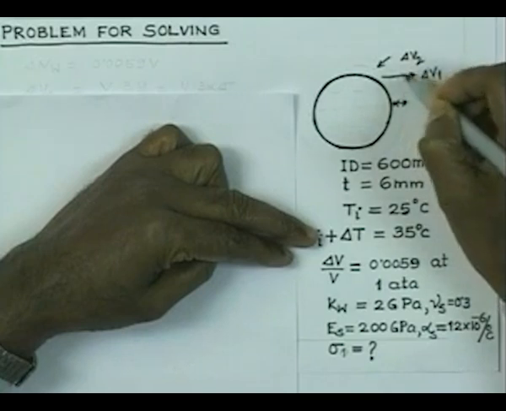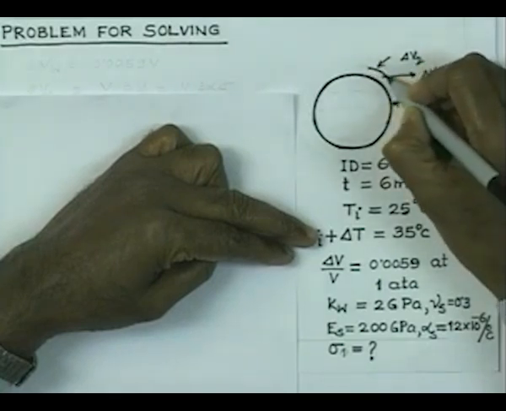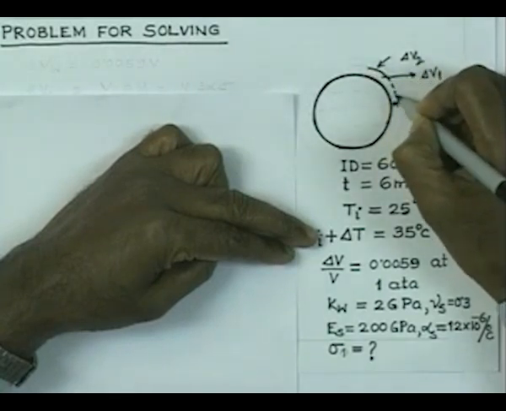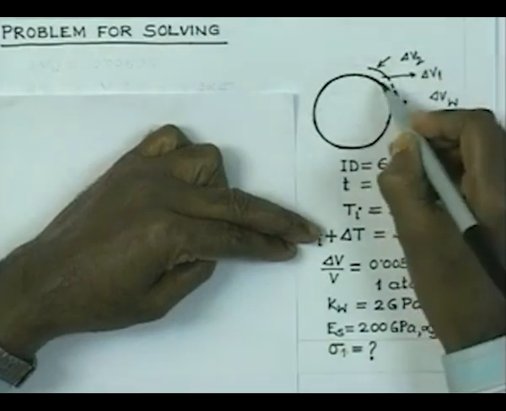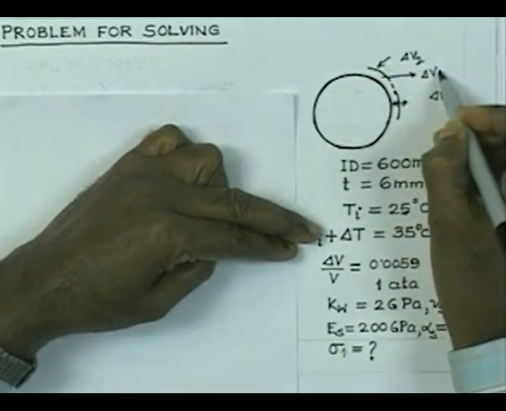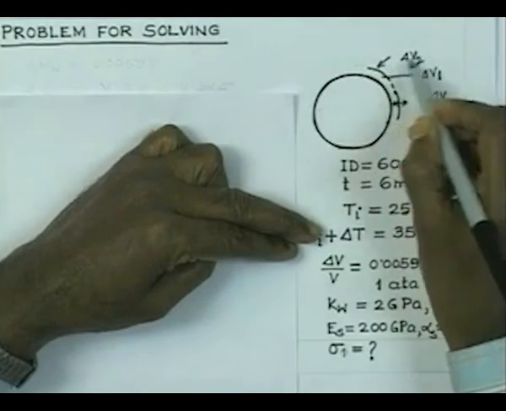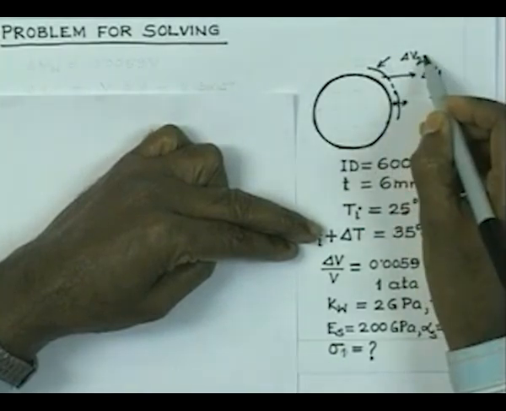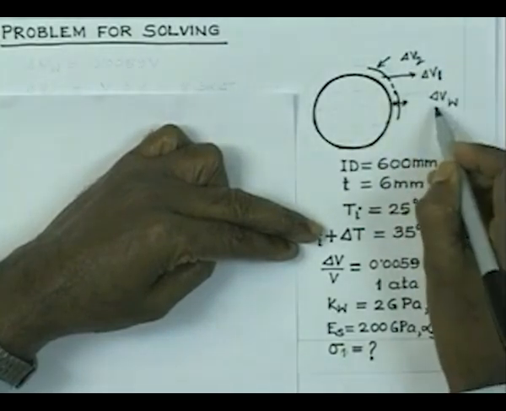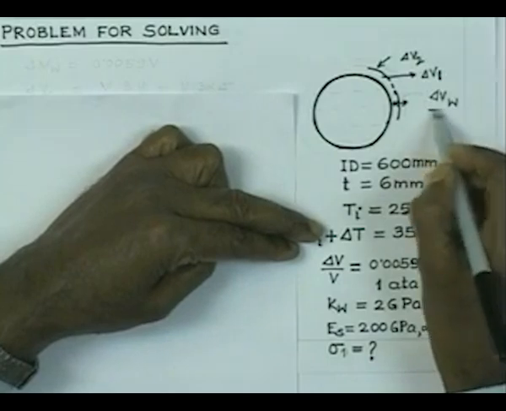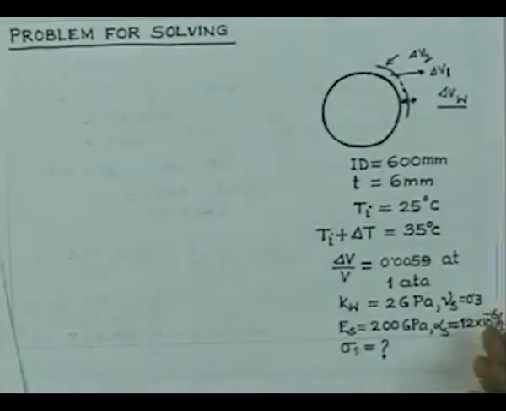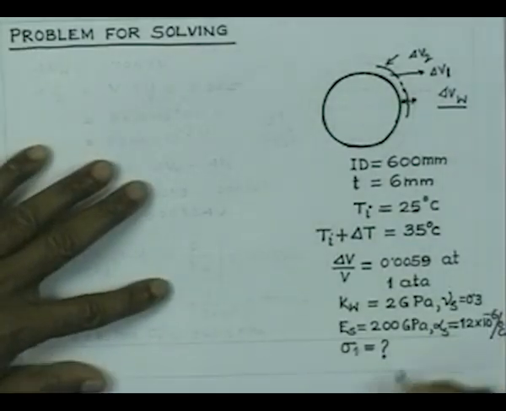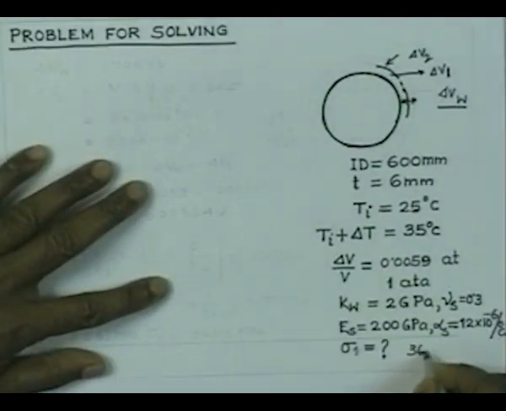Finally, they are in equilibrium somewhere there. For that equilibrium position, the increase in the volume of cell is delta V1, the decrease in the volume of water is delta V2, and that is going to be in compatibility with delta VW. So, you can solve this problem, and in this case the answer is going to be 363.3 MPa.